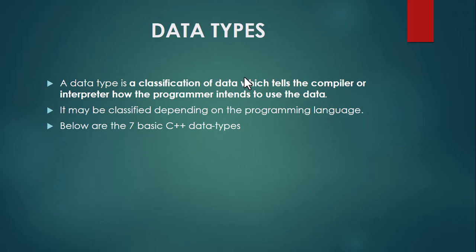It may be classified depending on the type of programming language you are using. It cuts across programming languages. Although they have some basics that they all have, some also differ.